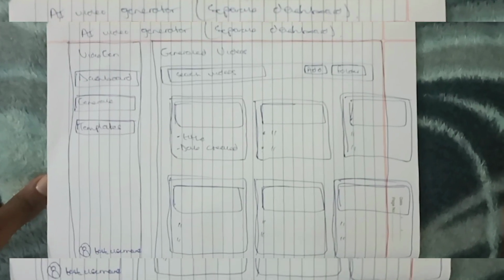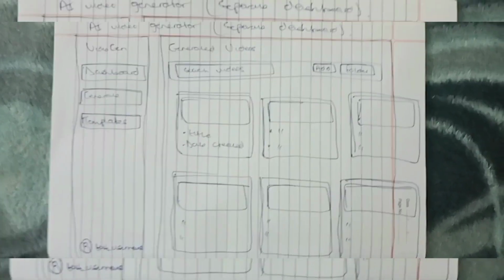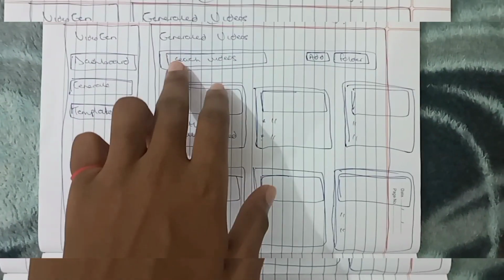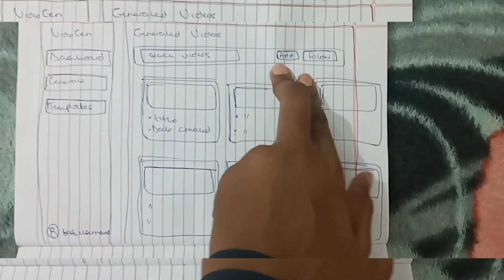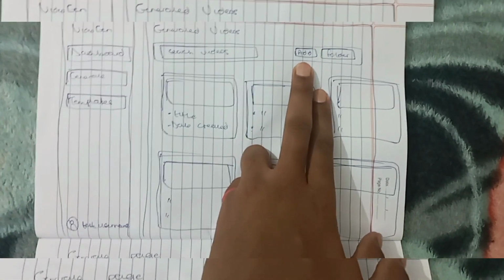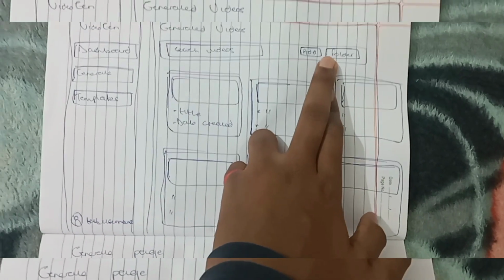Other than that, this is the main dashboard of the app, so I hope you can clearly see this. On the main page you can search for videos, generate new content, or organize by folders.